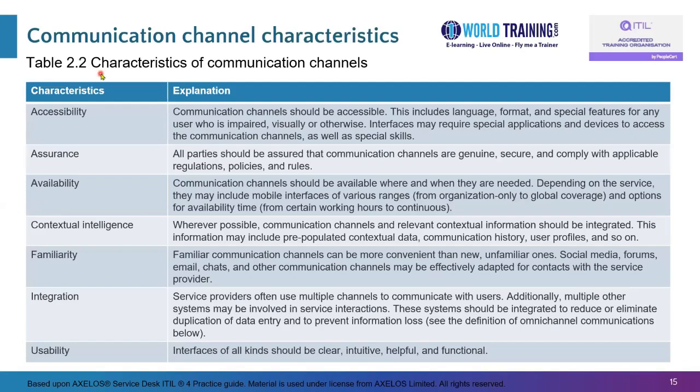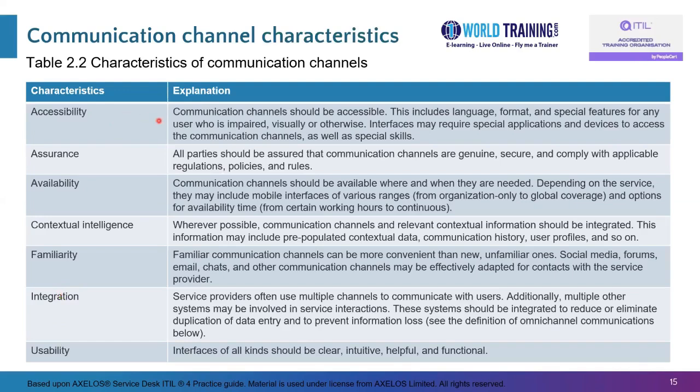Let us now look at the various characteristics of such communication channels between the service provider and its users, which the service provider would have to make arrangements for. So we have here accessibility, assurance, availability, contextual intelligence, familiarity, integration, and usability. Some of these terms are intuitive, but some would need some more explanation.